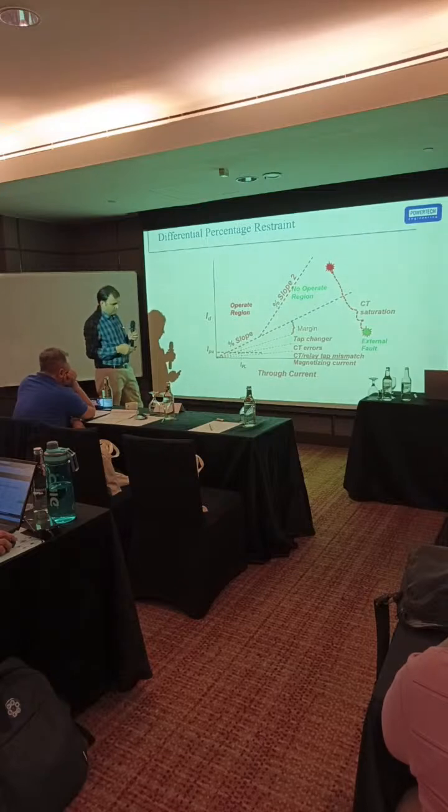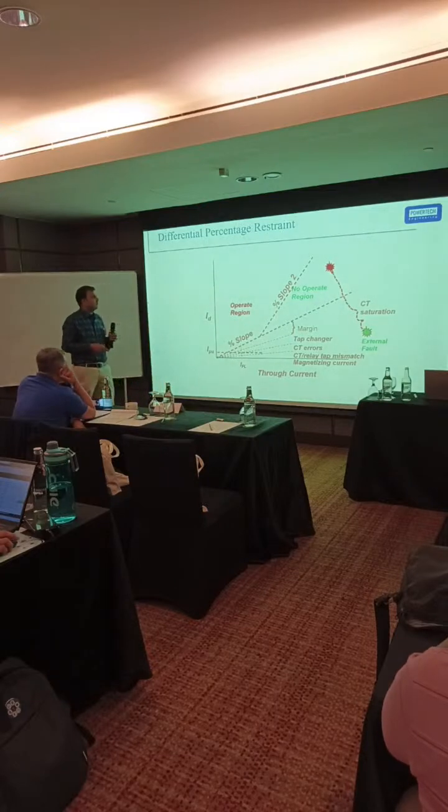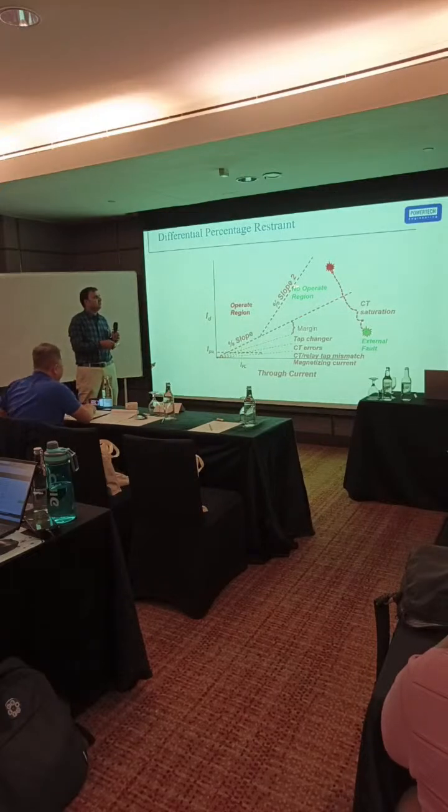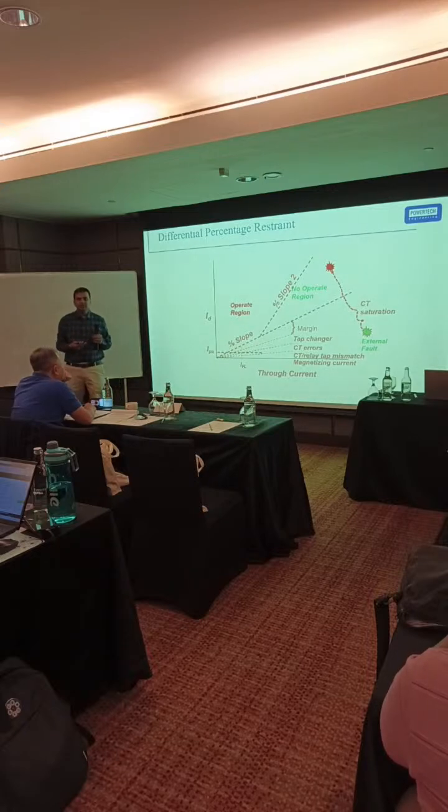That is why we have to set another slope. These factors create more errors, that is why the slope is higher. It is around 40% error, so we add 40% and 30%, so it is around 70 to 80%. That is why our second slope is generally 70 to 80%. Sometimes it is 100% also.